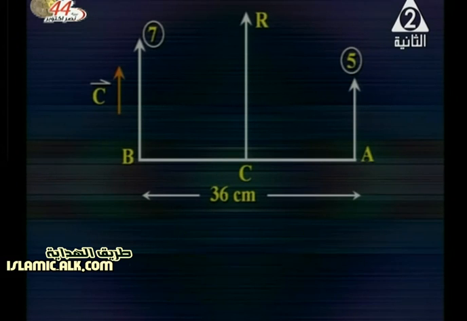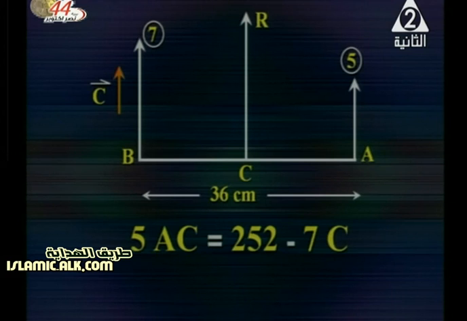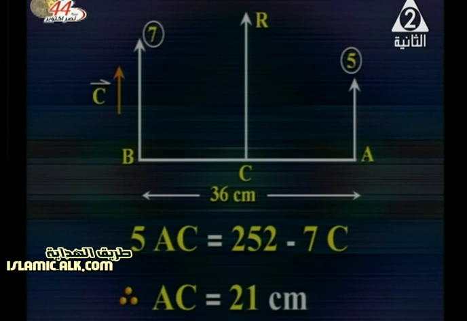By cross multiplication, 5AC equals 252 minus 7AC. Therefore, AC equals 21 centimeters. What do we mean by AC equals 21 centimeters? It means R, the resultant of the two forces 5 and 7, acts 21 centimeters from point A.